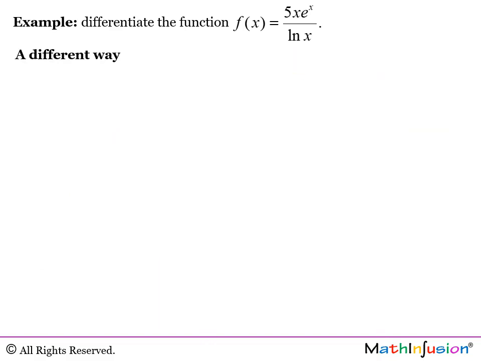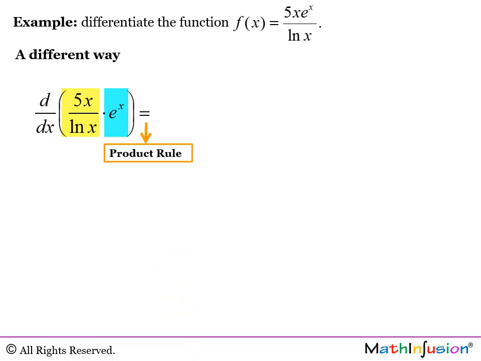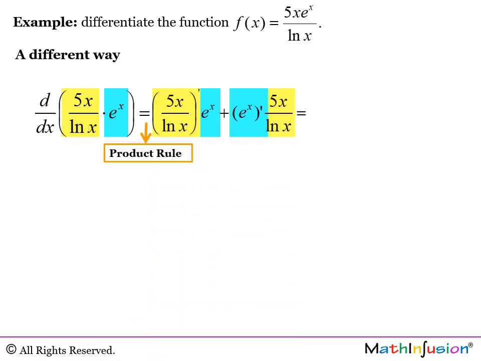We are going now to redo this problem, but in a different way. I'm going to view this as a product in which the first one is a quotient. It means that first of all I'm going to use the product rule. We will differentiate the first times the second plus differentiate the second times the first.